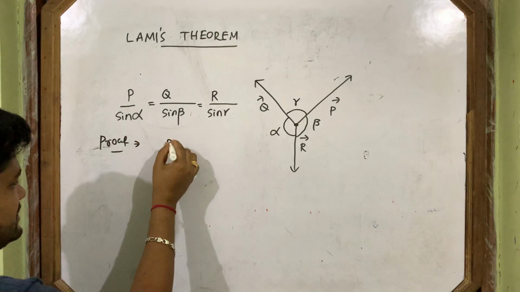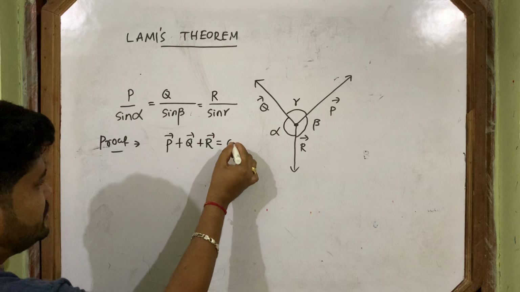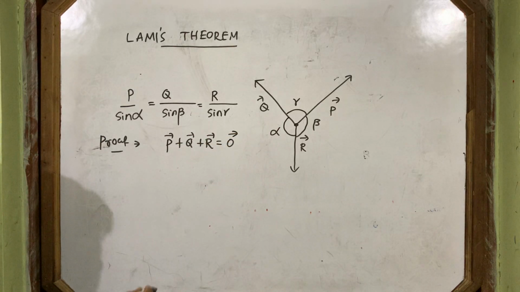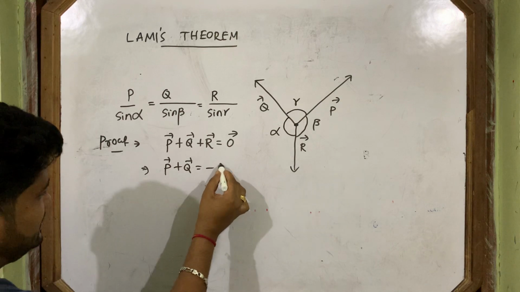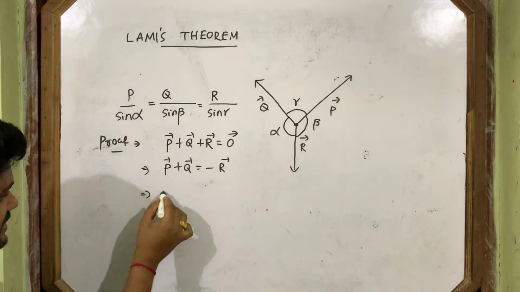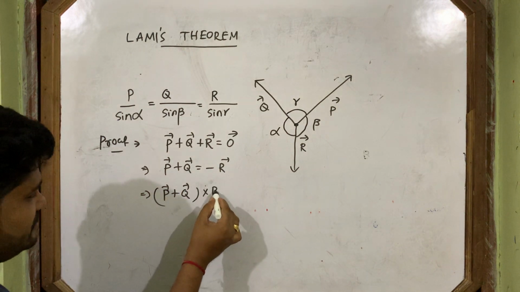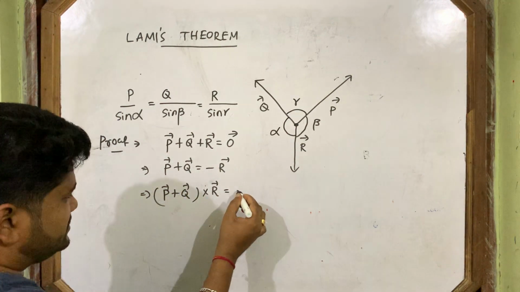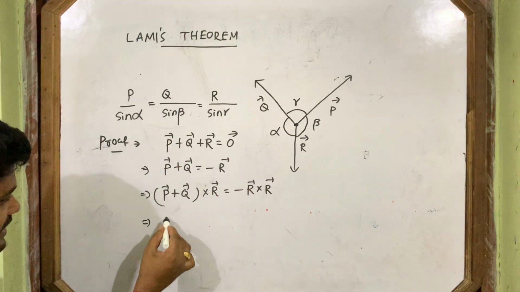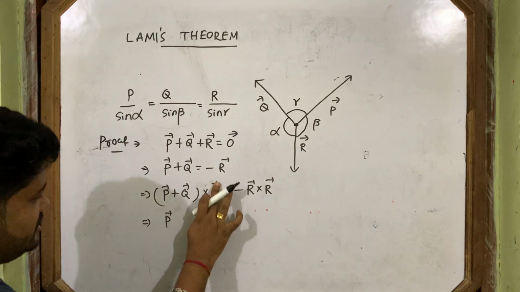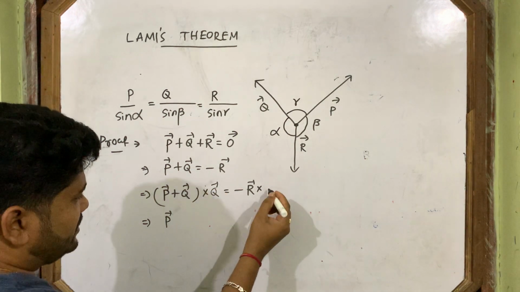So let's prove it. As they cause equilibrium, P plus Q plus R is equal to 0. So it implies that P plus Q is equal to minus R. Then you cross with Q on both sides. No problem, any quantity you can cross.